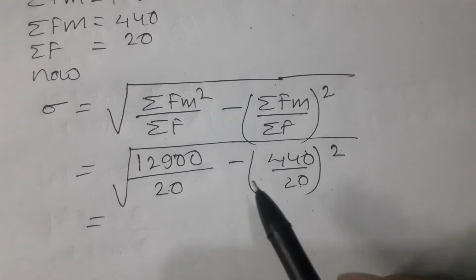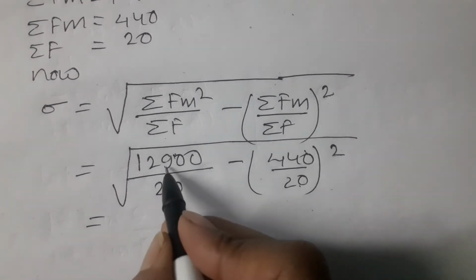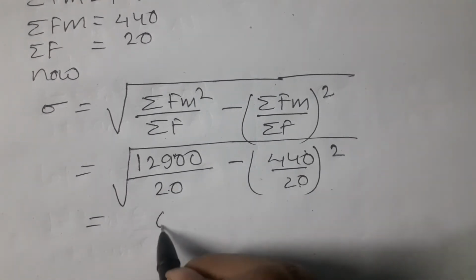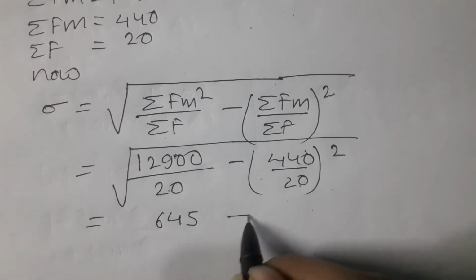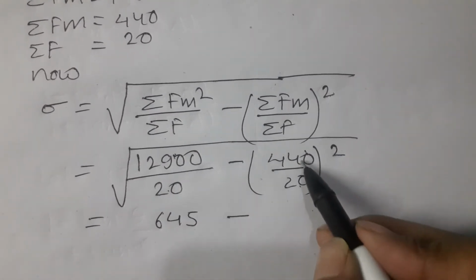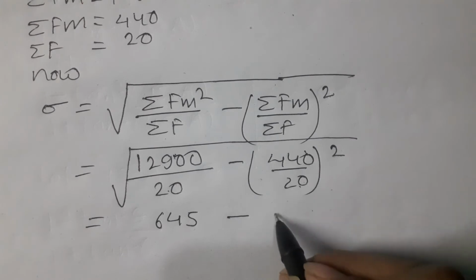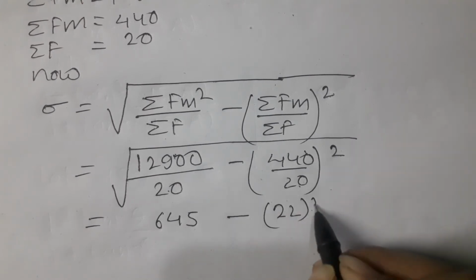And that becomes, 12900 divided by 20 becomes 645, and 440 divided by 20 becomes 22, and the square is still left.